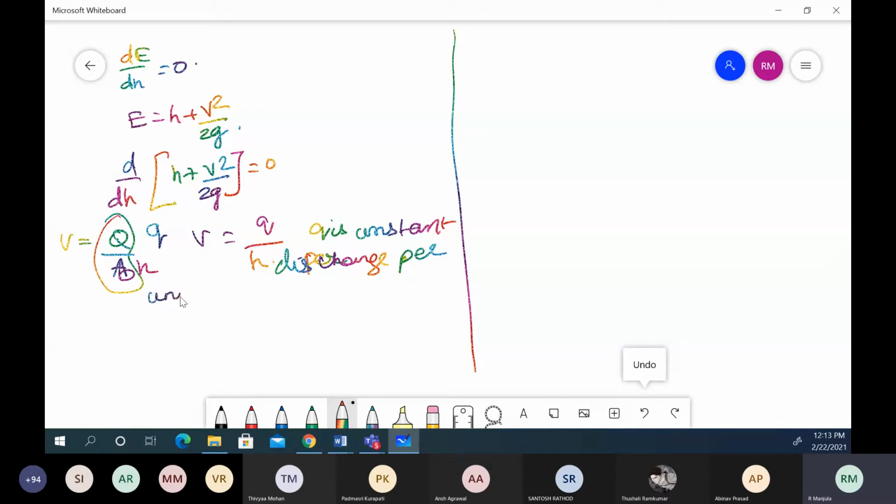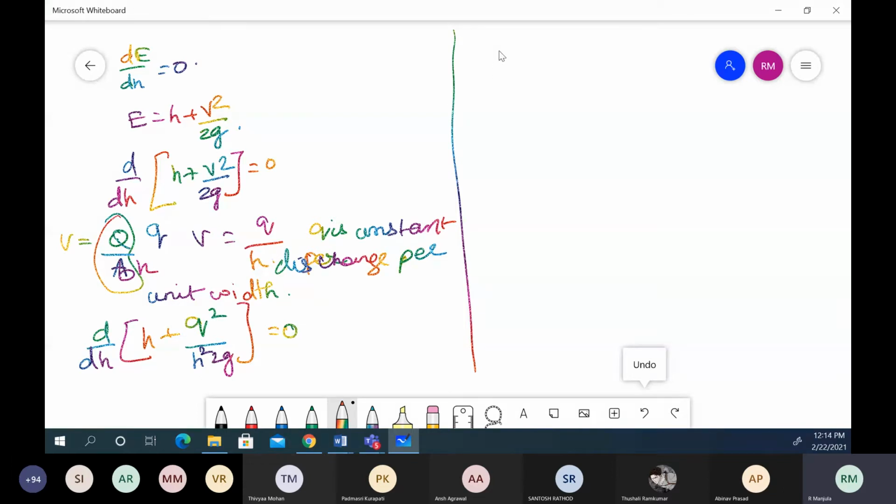Okay, so now d/dH of H plus q square by H square into 2g equal to 0.